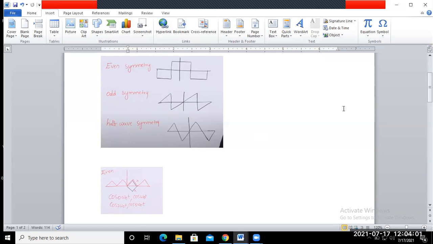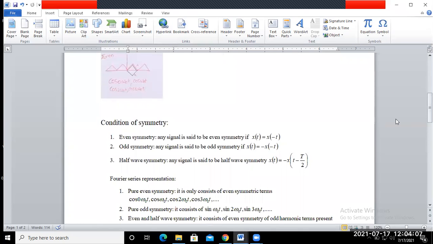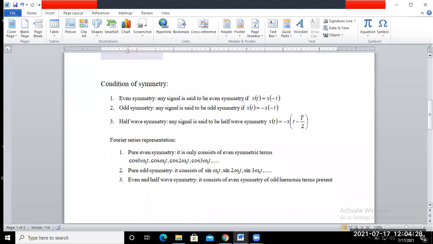So this condition is very important. If you follow this condition, then you may directly find the Fourier series representation of any given waveform. You do not need to go to the conventional method and find all the coefficient terms. You remember some conditions.